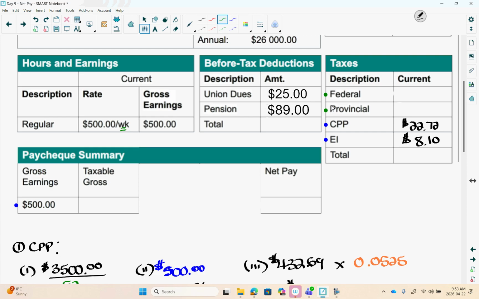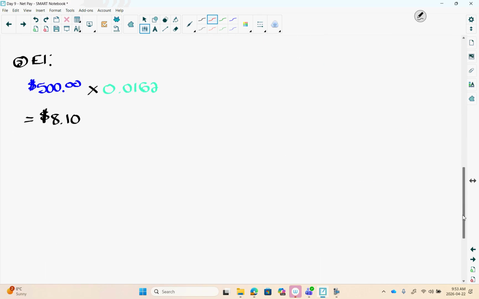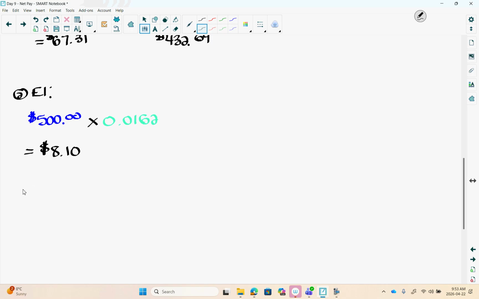All right. Does anyone remember how to get the taxable gross? I need to figure out the before tax deductions first. Okay. How do I figure out the before tax deductions? So step 3. Your before tax deductions.